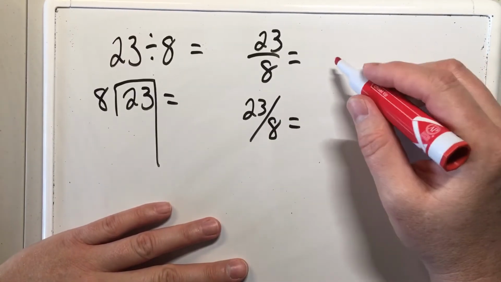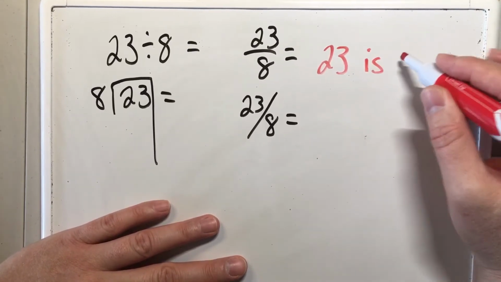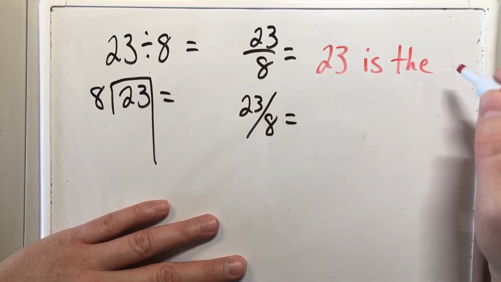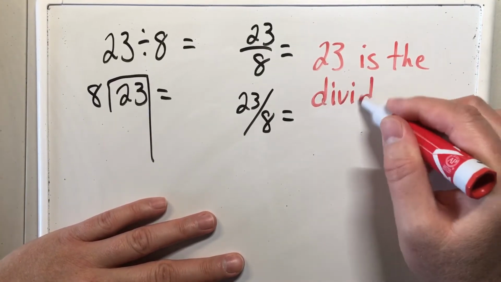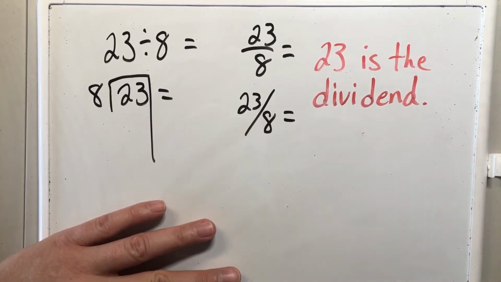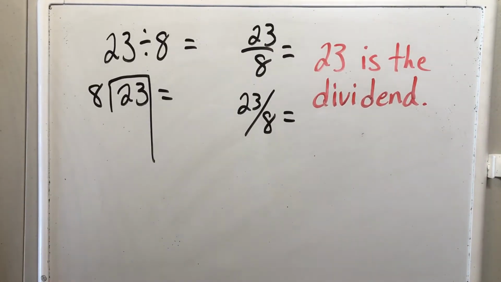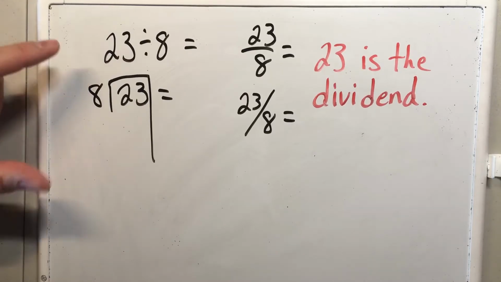So in this case, 23 is the dividend. The dividend is what you're actually dividing into different parts. If you saw my video with ways to think about multiplication and division, that's a good idea to do at this point, before you get to here.